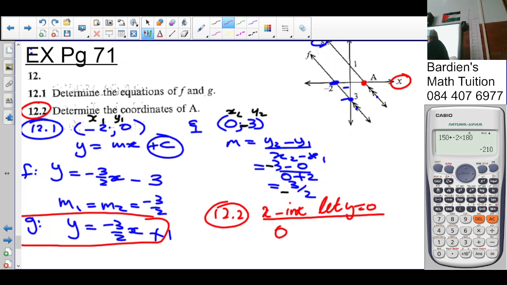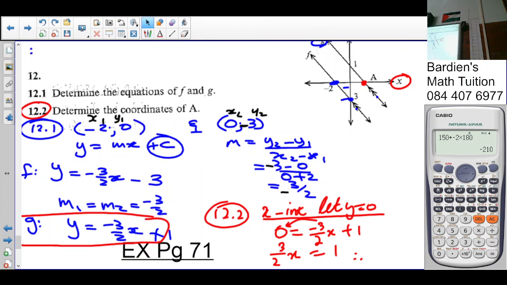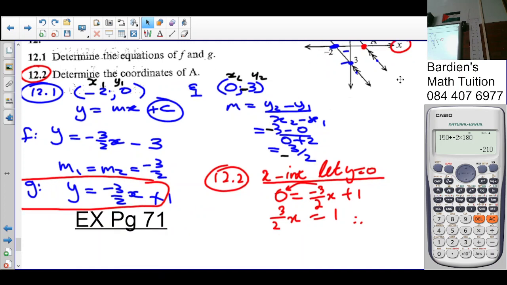So we say 0 is equal to negative 3 over 2x plus 1. You take it over the equal sign. So 3 over 2x is equal to 1. We will divide both sides by 3 over 2.